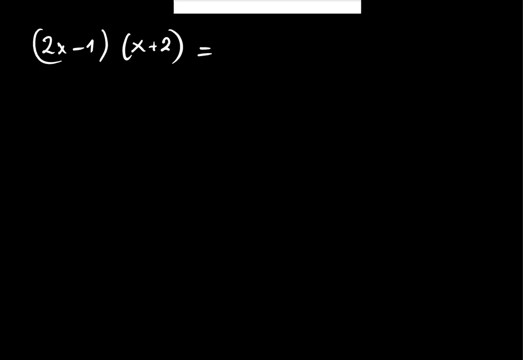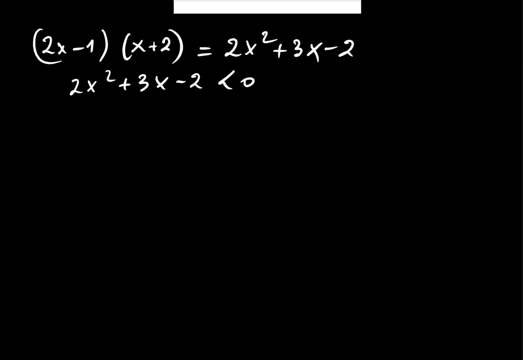Let's say 2x times x is equal to 2x squared, plus 4x minus x, that means plus 3x, minus 2, and now we can say 2x squared plus 3x minus 2 is less than 0. So we know that this is opening up, and between the two roots is below the x-axis, is what we are going to prove here.